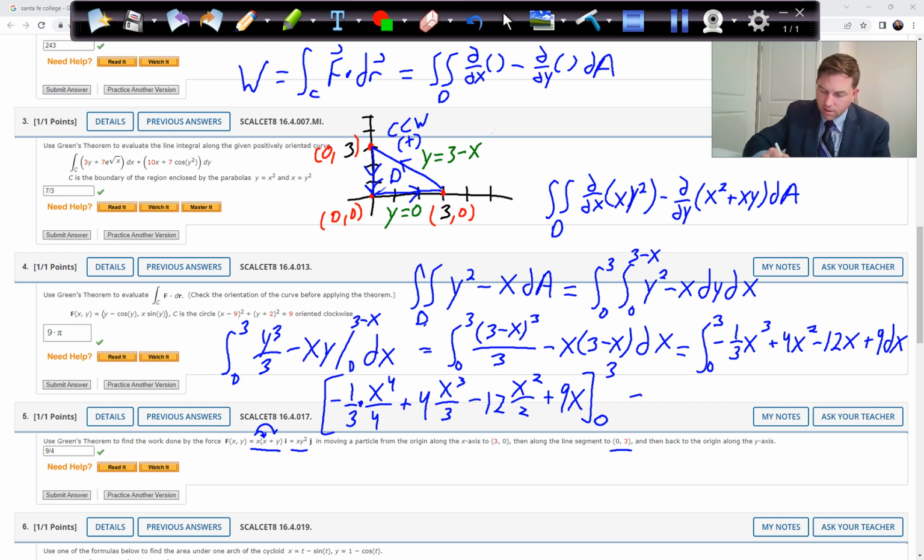If you plug in 3 here, I'm not going to show every step, you should get 9 over 4. So our Green's theorem work, the work done, and again we don't have units, so we can't tell exactly what the units are, but a particle has moved in this triangular orientation, and we can calculate the work that has been done via the vector field.